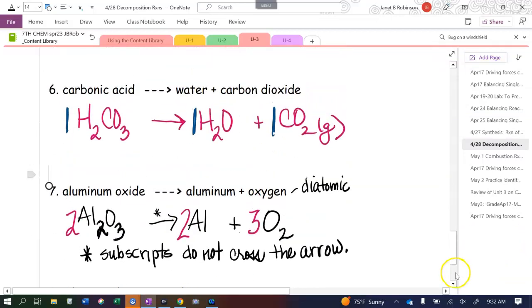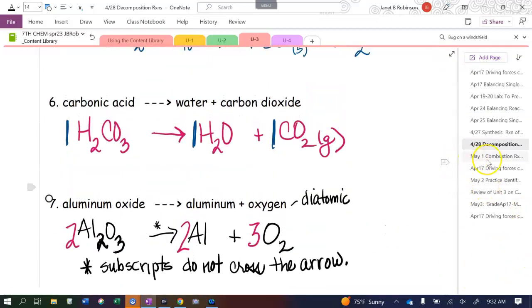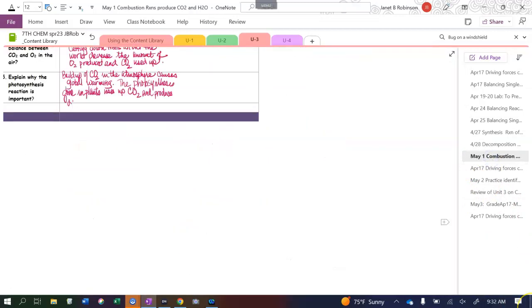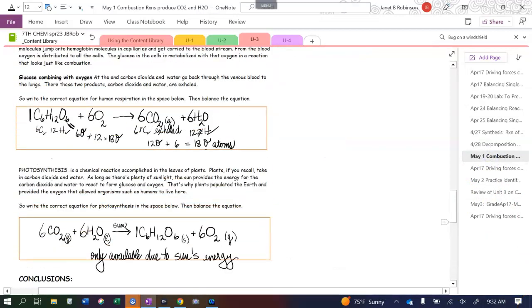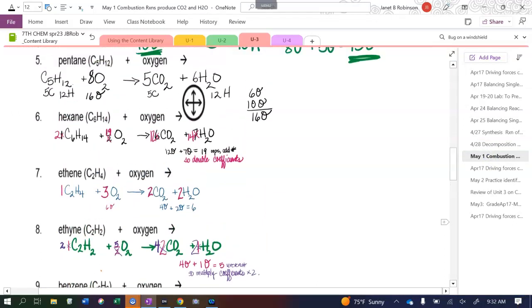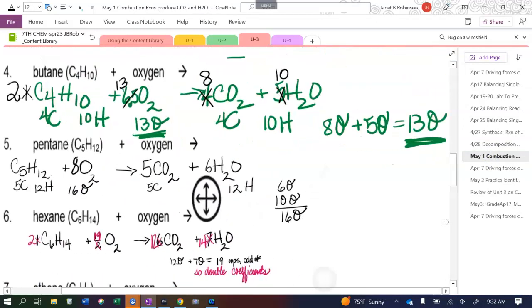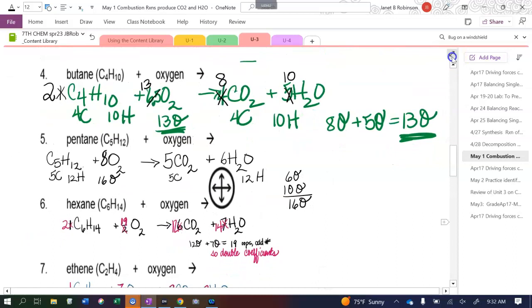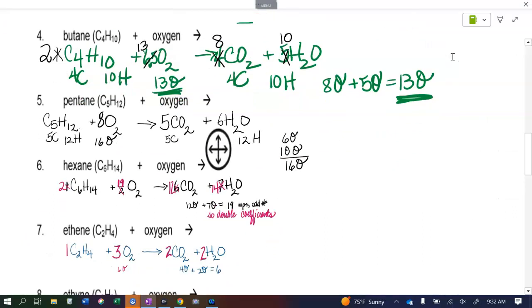Finally, don't pack up until we get to the end of this so you get to see everything. Here are the ones you had not seen balanced. Butane plus oxygen is 2, 13, 8, and 10. How did you do?